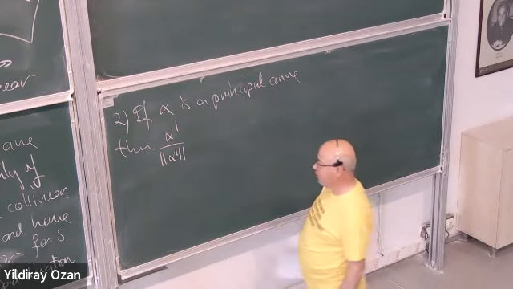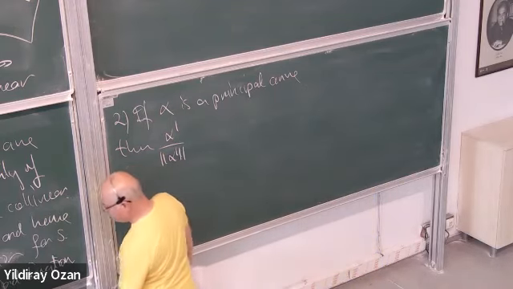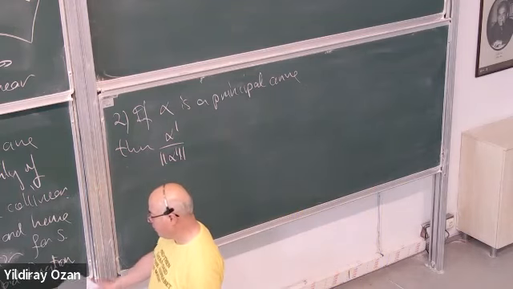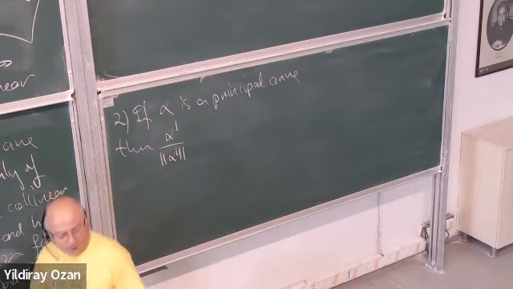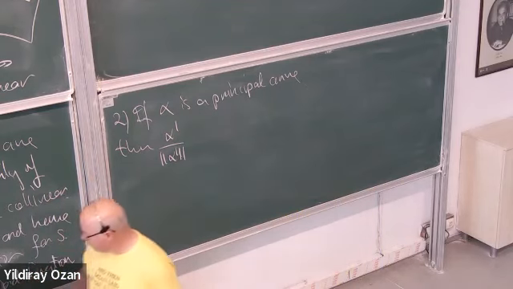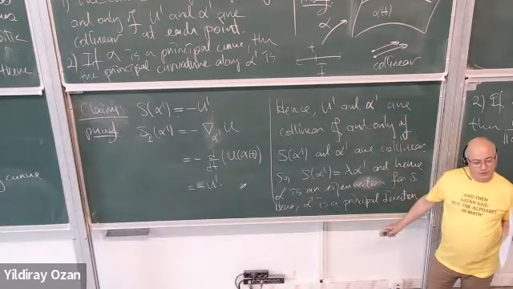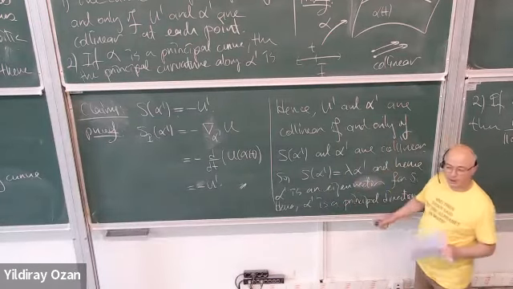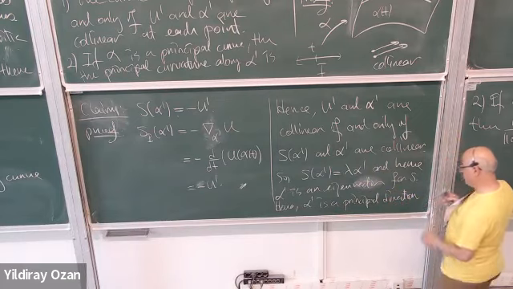Therefore, it's a principal direction. Here, actually, I said principal direction, but alpha prime doesn't have to be a unit vector. So technically, alpha prime is not a principal direction. It should be a unit vector, but what I mean is it points in the principal direction.